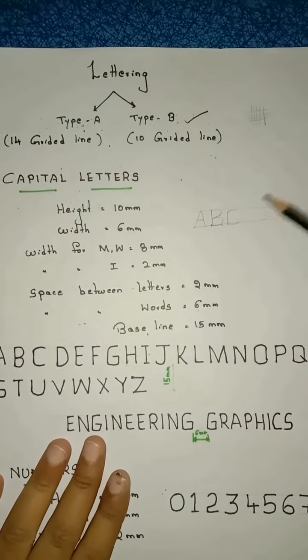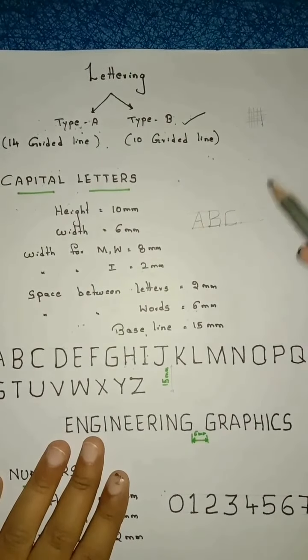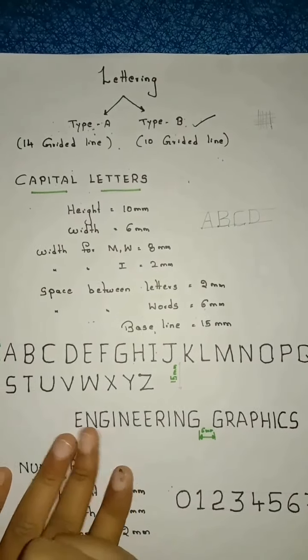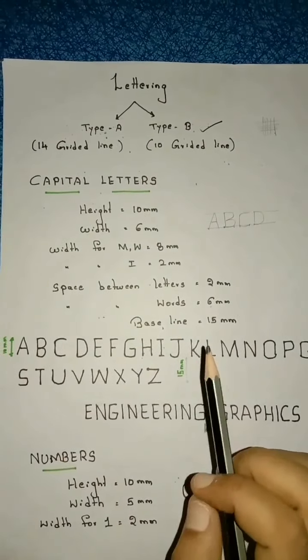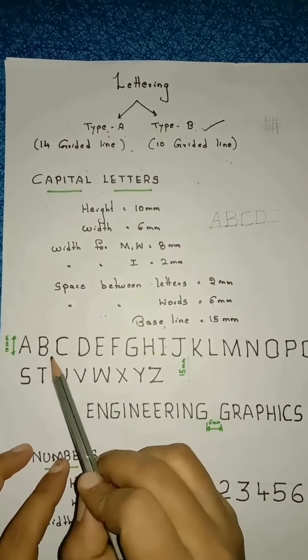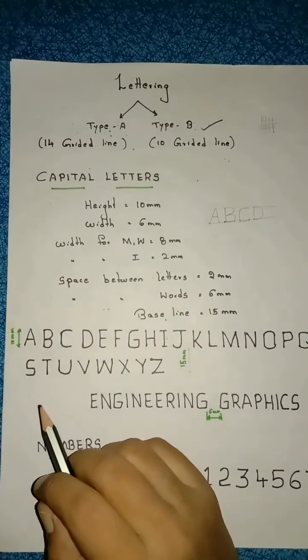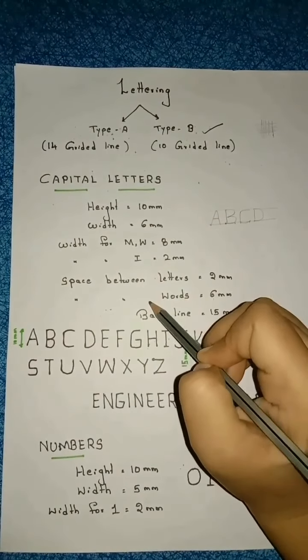Again from here, this is the end of the letter, no? Again from here leave 2 mm, start writing letter D, right? So space between every letter is 2 mm. A to B 2 mm, B to C 2 mm. Every letter should have a gap of 2 mm, right? So compulsory you have to follow all these rules.